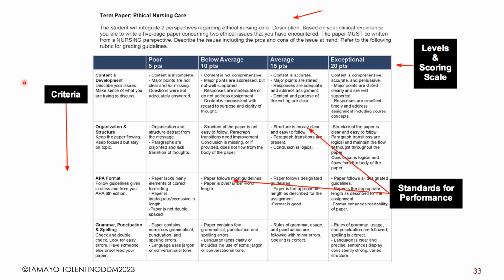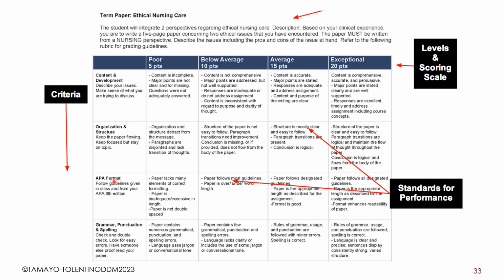This is an example of an analytic grading rubric. So as we can see here, there are standards for performance per criteria. So the first column indicates the criteria. For example, content and development, organization and structure, use of APA format, grammar, punctuation, and spelling.